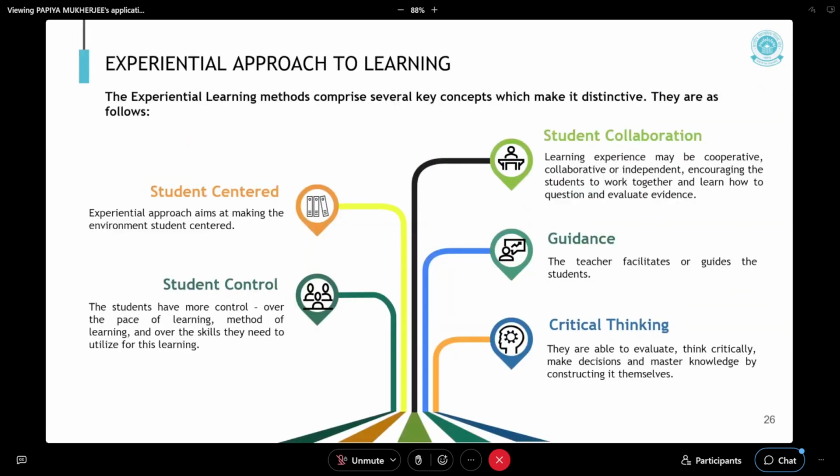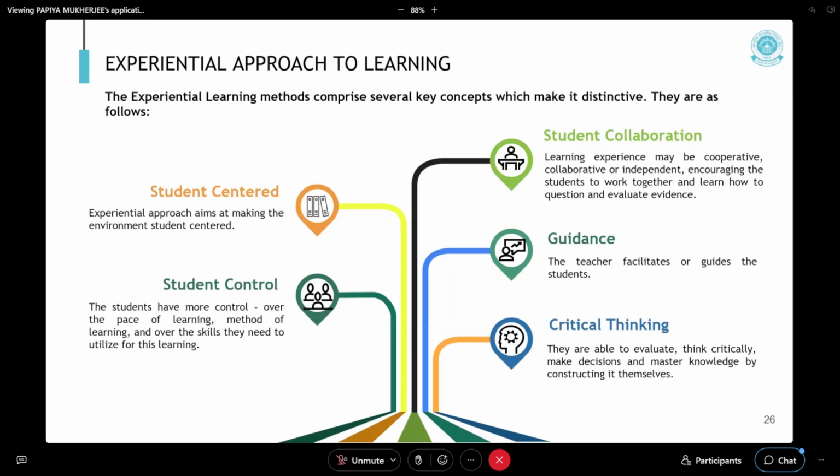The key features of the experiential approach to learning: it is student-centered, because in the entire environment the student himself experiences the learning. It is student controlled. The learner has more control over the pace of learning, the method of learning, and the skills that they need to utilize in this kind of learning.